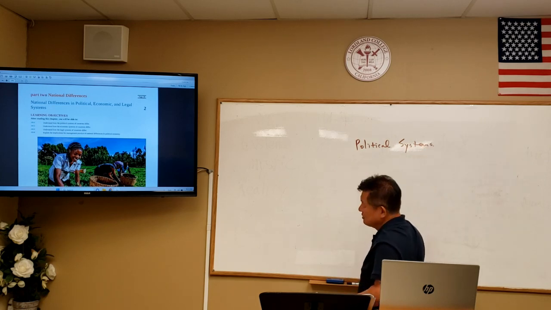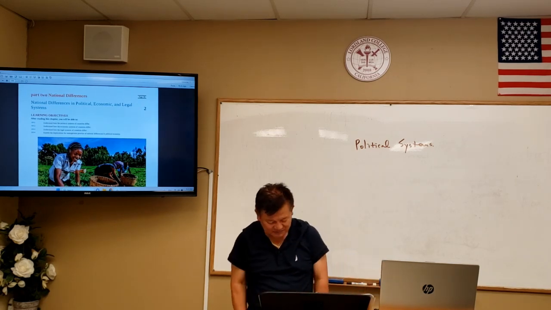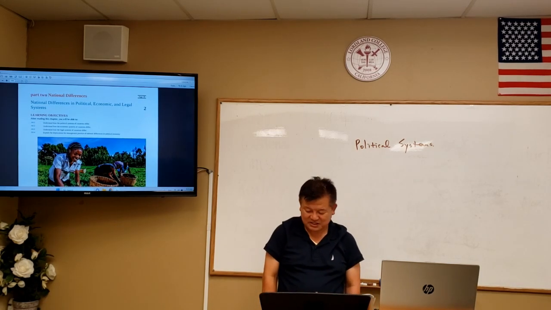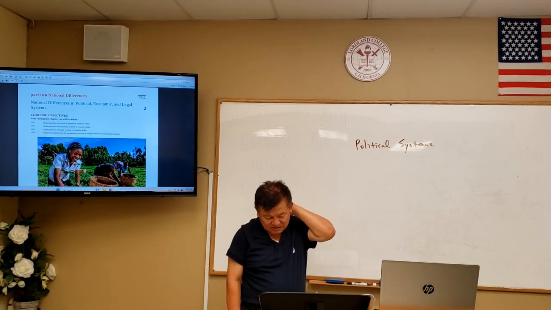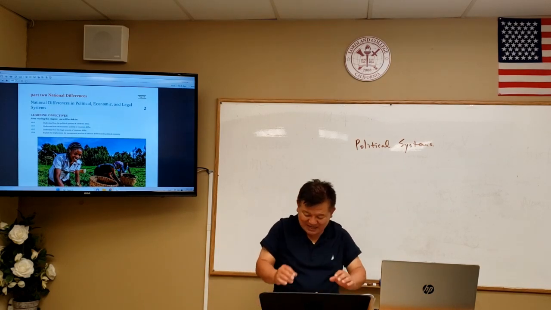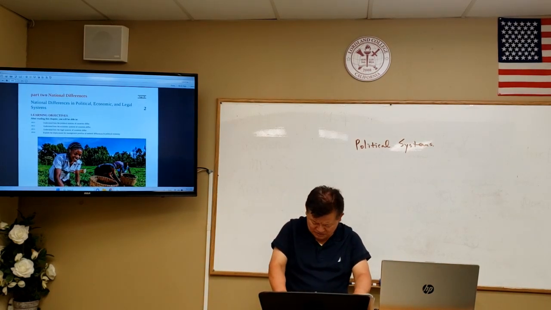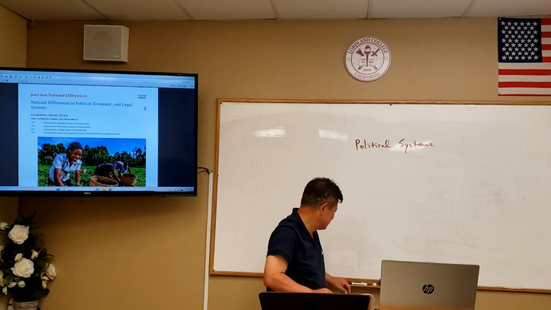In the world, there are many political systems. What's the meaning of political system? The political system is a kind of system of government in a nation. So political systems can be assessed in terms of the degree to which they emphasize collectivism as opposed to individualism.